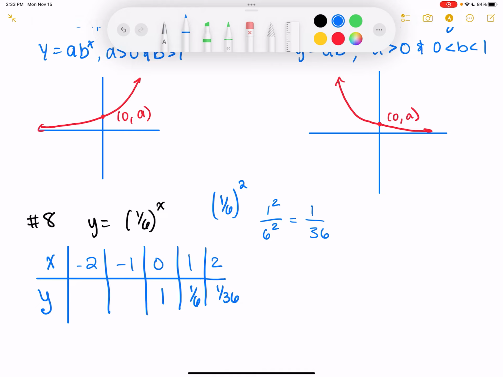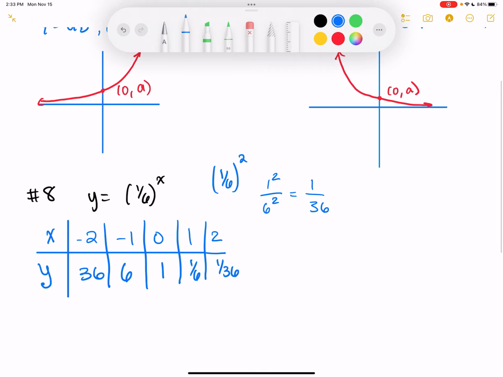So 6 over 1, just 6. And for -2, 36 over 1, just 36. Remember, if the exponent is negative, you just take the fraction and flip it. To graph this, you're not going to graph the -2 value because it's going to be really big.